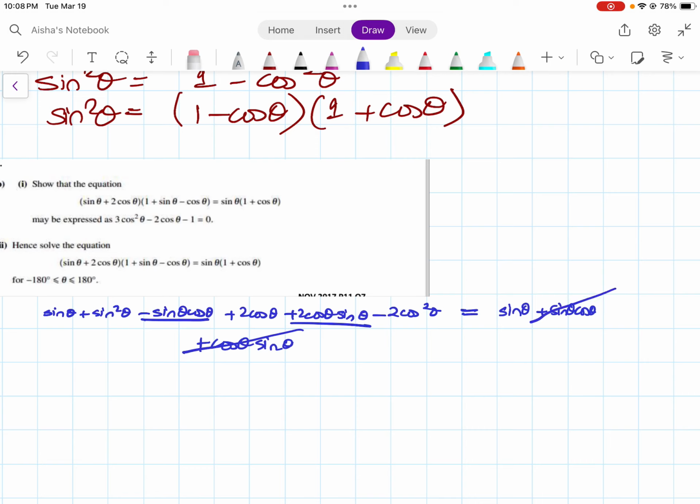Now next, you have to express everything in terms of cos. So I'm writing this as 1 minus cos square theta plus 2 cos theta, minus 2 cos square theta equals sin theta, and sin theta will also cancel out.